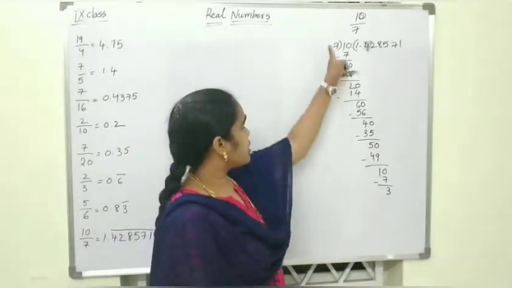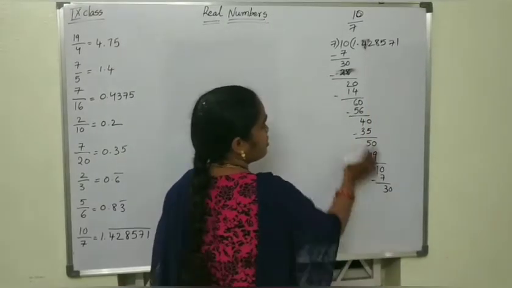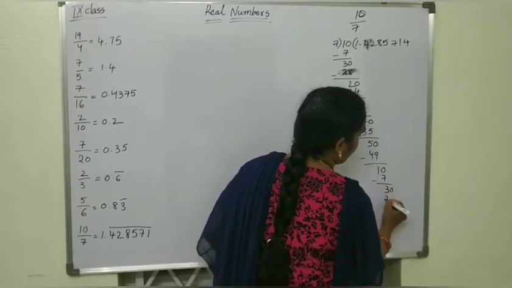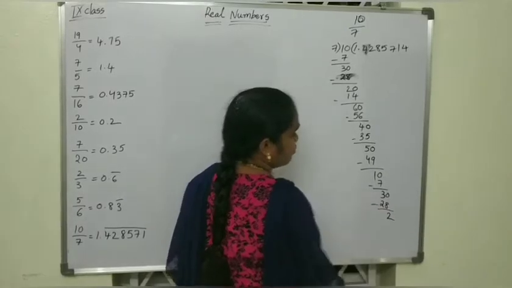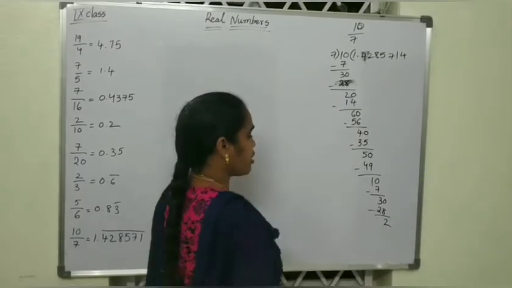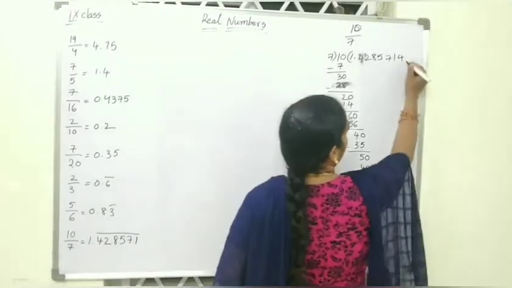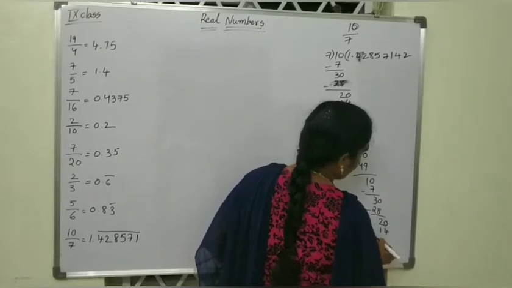Again 3 is less than 7, so keep 0. 30. How many times does it go in the 7 table? 4 times. So write here 4 and here 28. Again the remainder is 2. 2 is less than 7, so keep 0. 20. How many times does it go? 2 7s are 14.